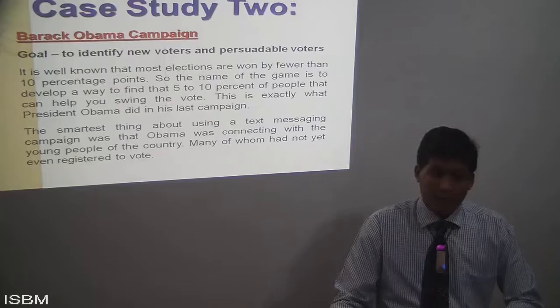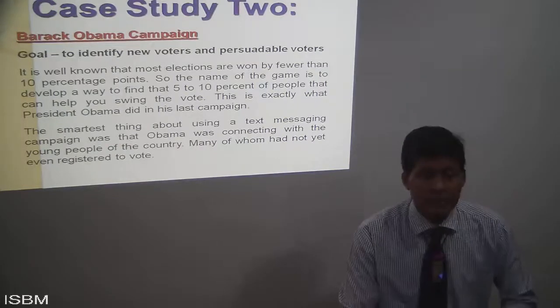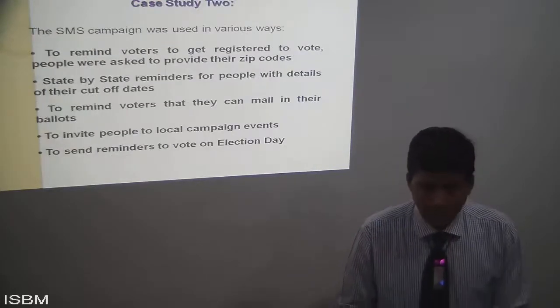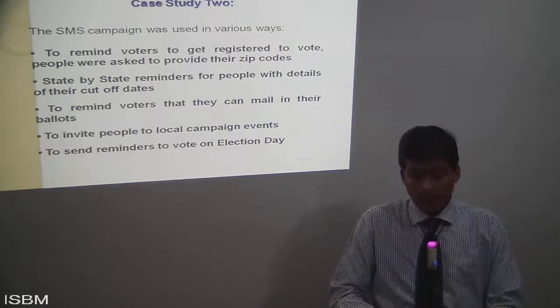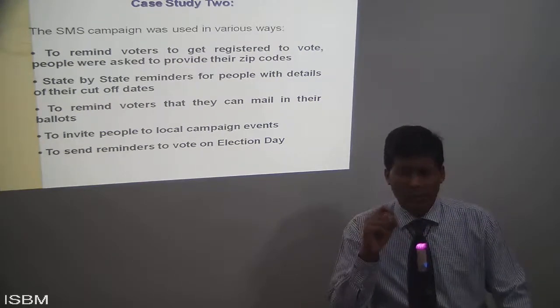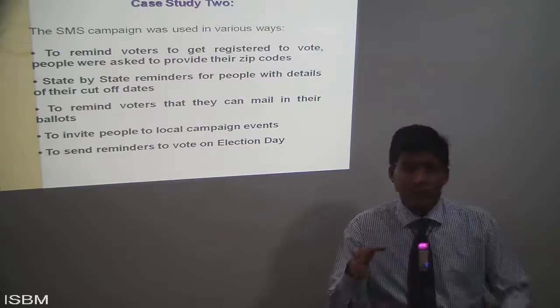The smartest thing was using a text messaging campaign, with which Obama was connecting with the young people of the country, many of whom had not yet even been registered to vote. So the SMS campaign was used in various ways. One, to remind the voters to get registered to vote.